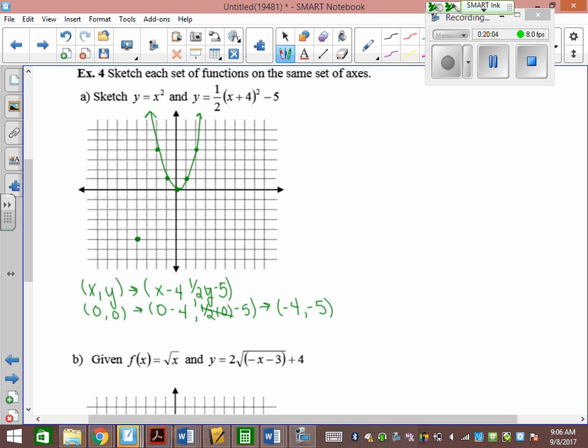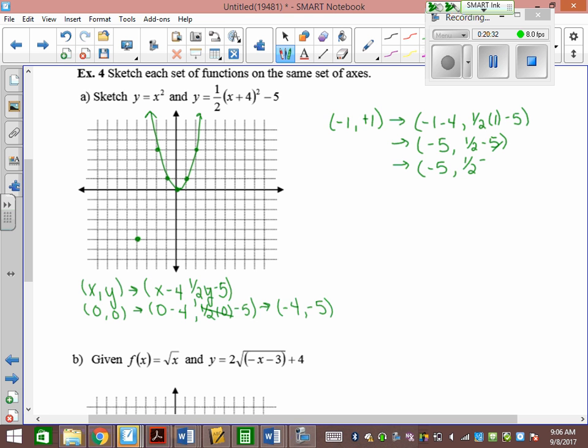And then we have -1 and +1. So we're going to get -1 minus 4, 1/2 times 1 minus 5. So we're going to get -5. 1/2 times 1 is a half, minus 5. You get common denominator, so you have to make this over 2.